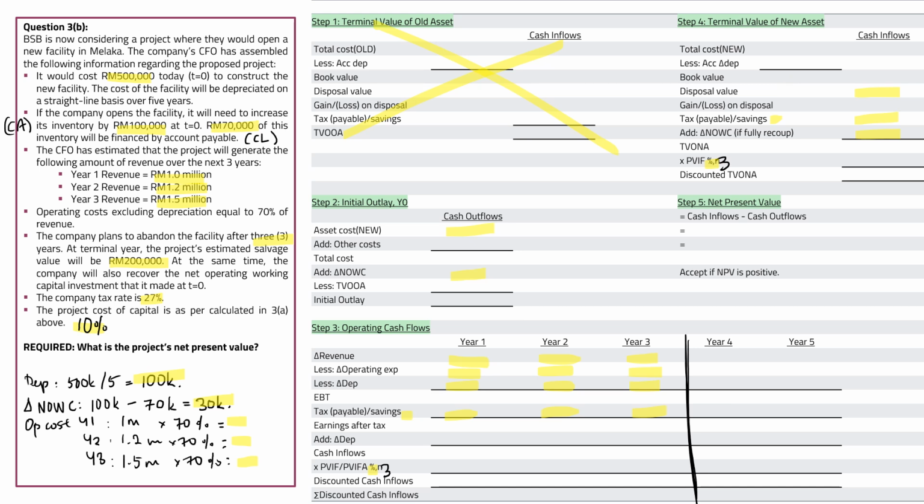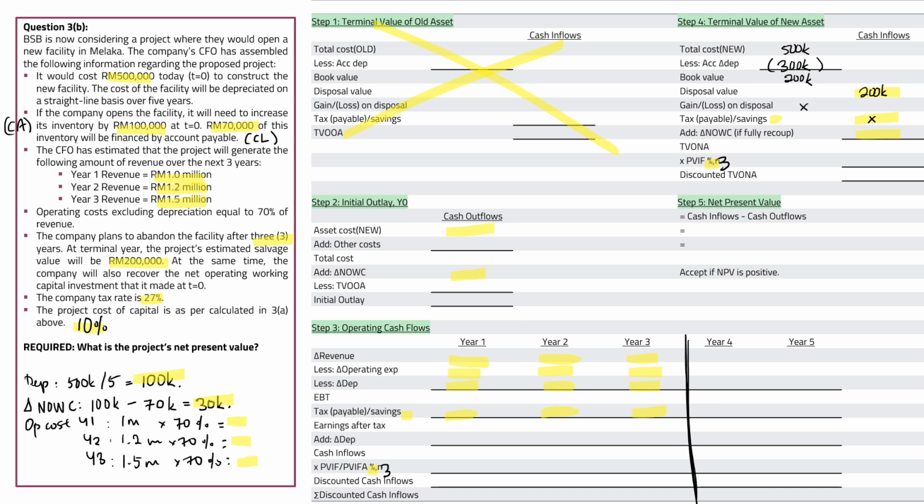That means, because from here the total cost is 500,000, the accumulated depreciation is 300,000, because the lifespan was supposed to be for 5 years, but we've only got until the end of 3 years, so it's gonna be 200,000, and it's disposed at 200,000. That's interesting. So we do not have any gain or loss, therefore no tax.